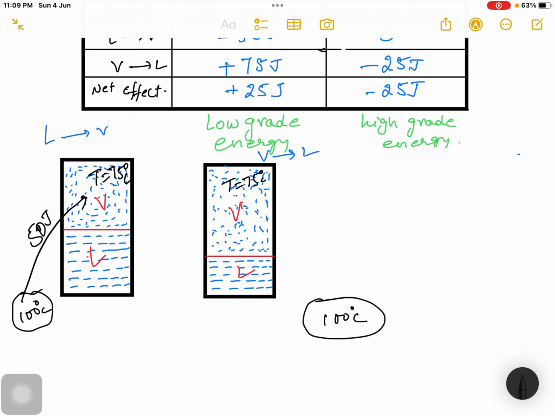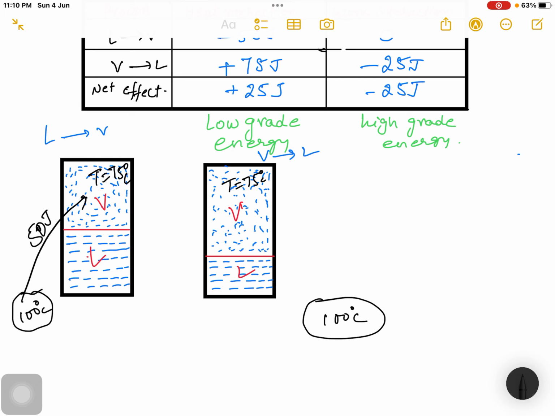Because of the temperature difference, the vapor won't convert into liquid, because there is a huge temperature difference.